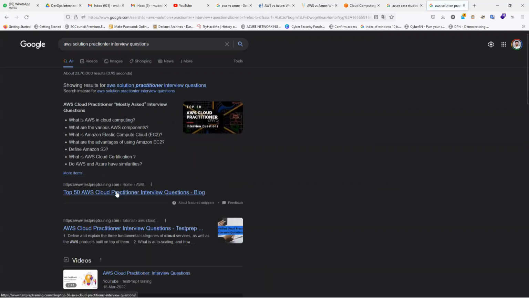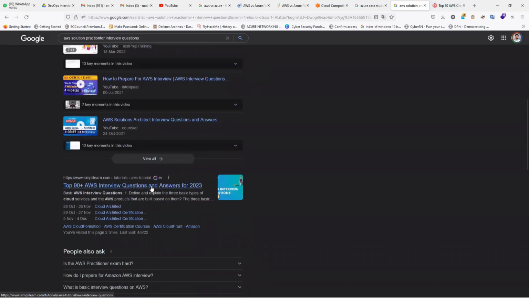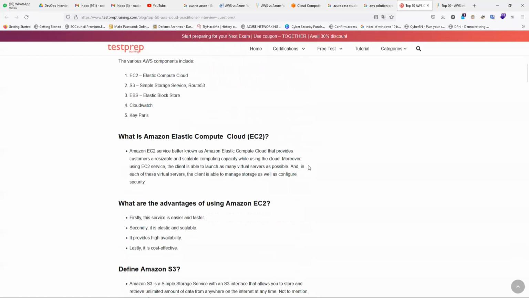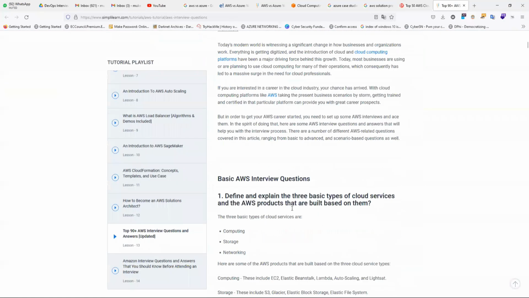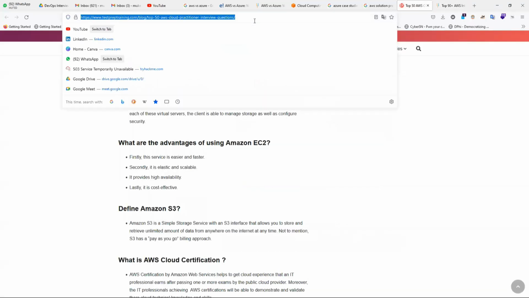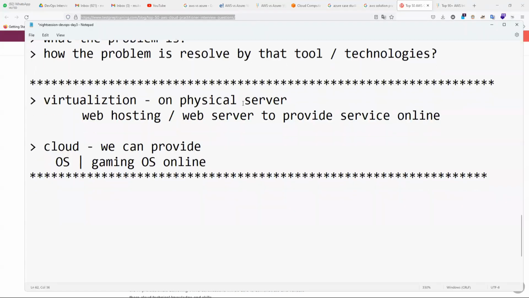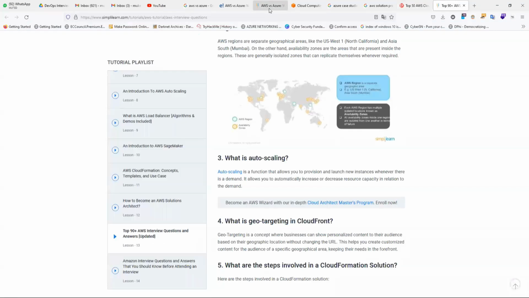So these are the fundamental 15 questions about the names of the technology and some of the good questions. Then we have architect level also, because I think we have done the training of architect level. These are some of the basic questions of AWS, but at the same time you will get more. If any question is coming to both of your minds, let me know.